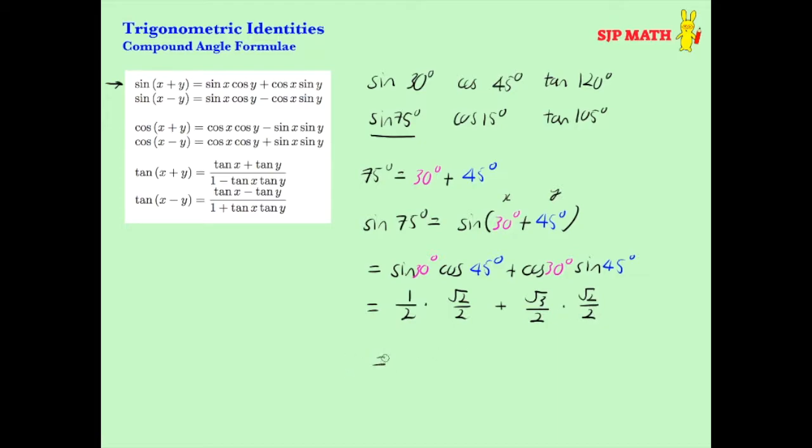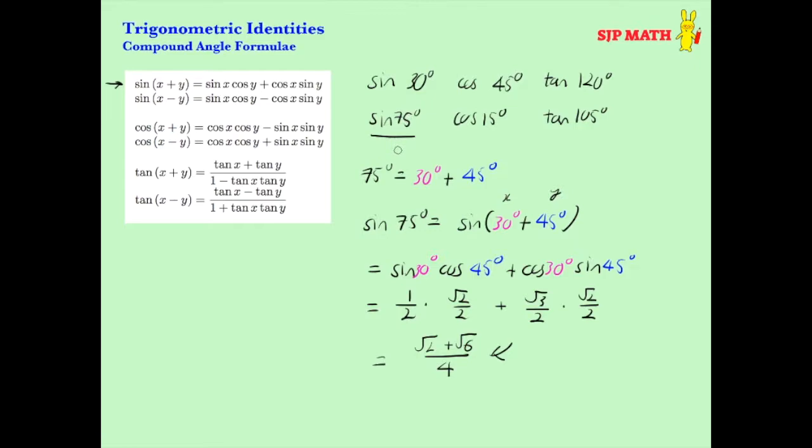This simplifies to root 2 plus root 6 over 4. And there we have our answer. We got the exact value of the sine of 75 degrees, where 75 degrees is not on the unit circle. So these formulas are pretty useful in finding sine, cosine, and tangent values of certain angles that are not on the unit circle.